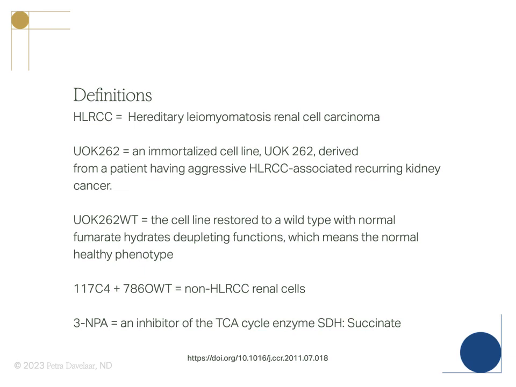UOK262 cells are derived from a patient who had aggressive hereditary leiomyomatosis associated recurring kidney cancer. UOK262 wild type, WT, is the cell line restored to a wild type for normal fumarate hydratase depleting functions, which means the normal healthy phenotype of the cell.